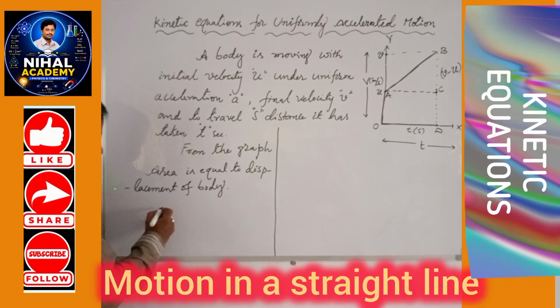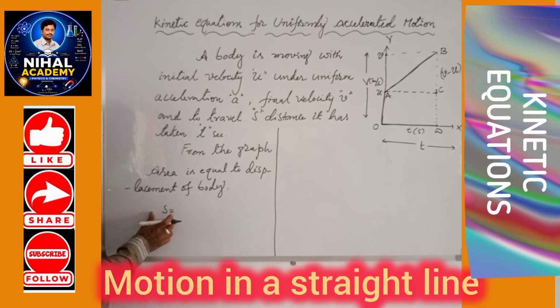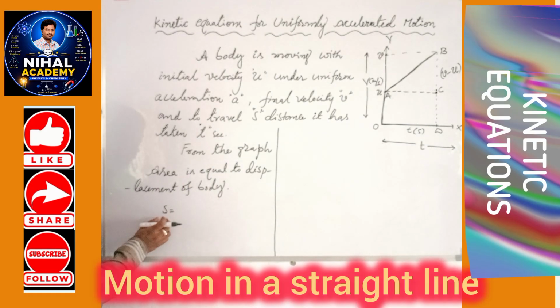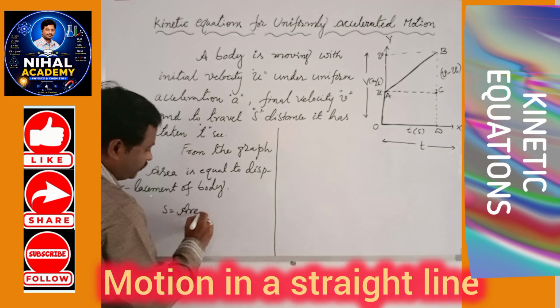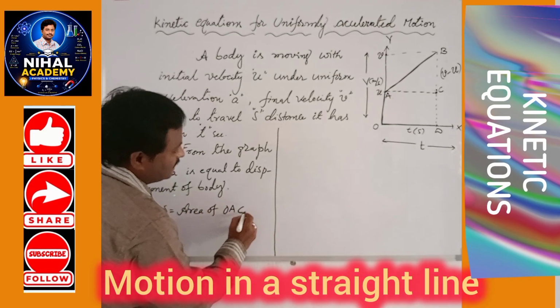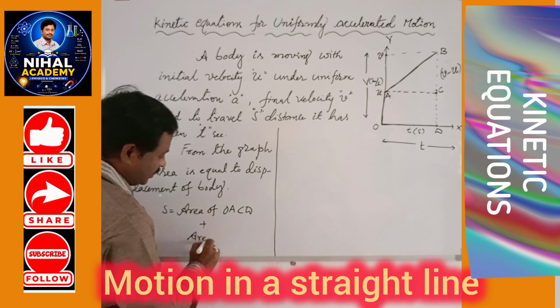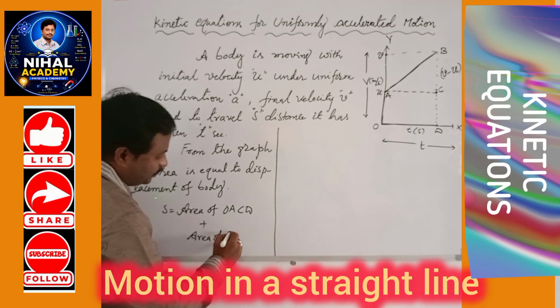So now displacement S is equal to the area of OACD plus the area of triangle ABC.